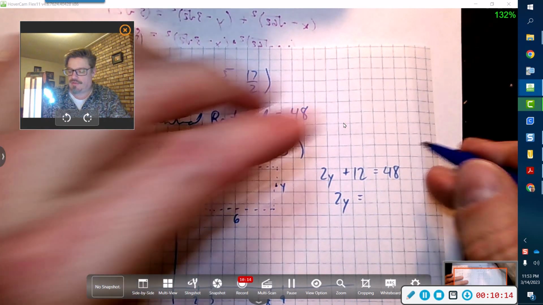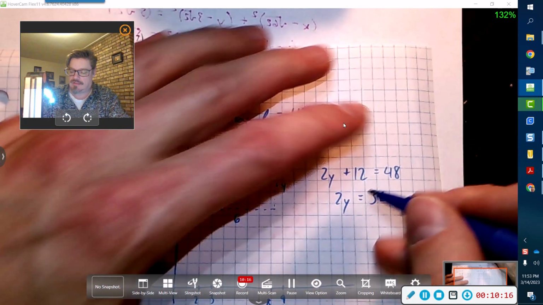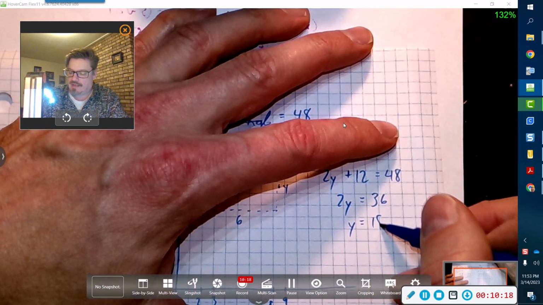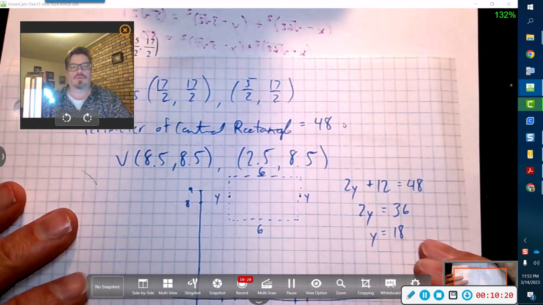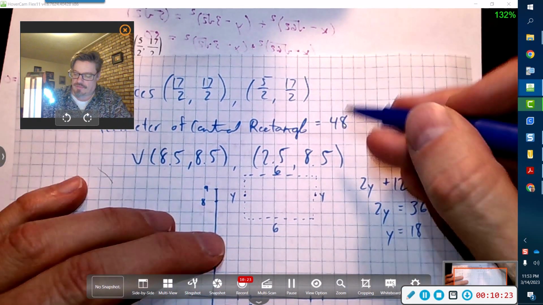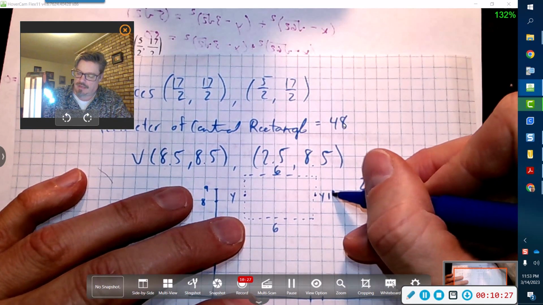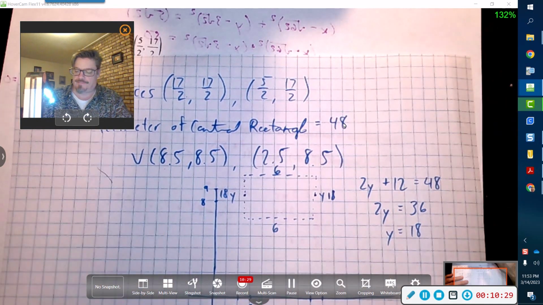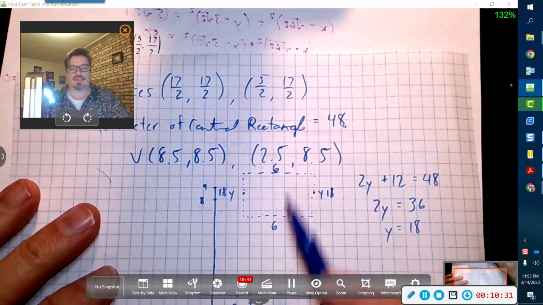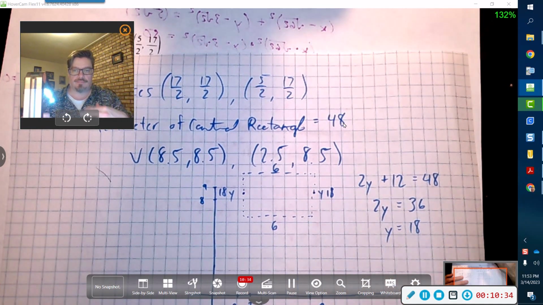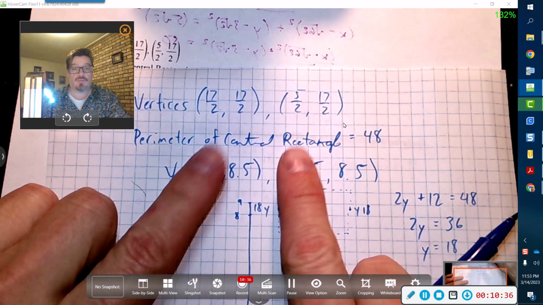What is that? 36. Then divide by 2, and I get y equals 18. So this guy has a distance of 18. 18 plus 18, 6 plus 6, that equals 48. So that's how we're going to use this information.